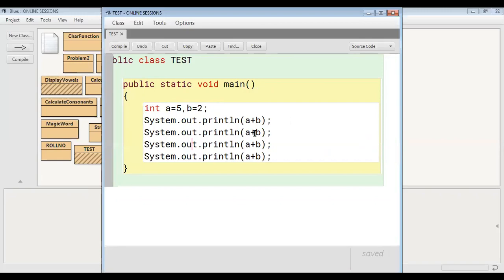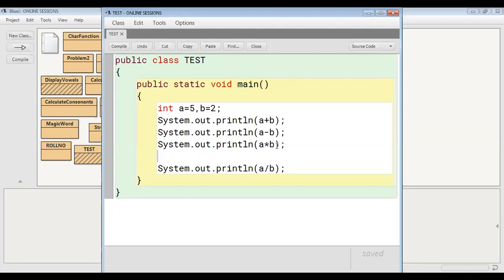Here I am doing addition, here subtraction, here multiplication, and here division. In fact, I can use modulus as well, and you will find the modulus will also be right. So let me show you modulus as well, because these are our 5 arithmetic operators.